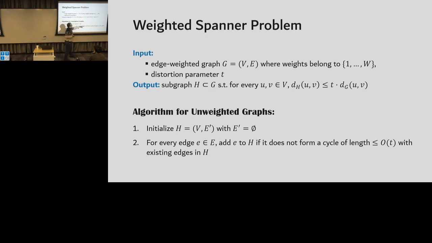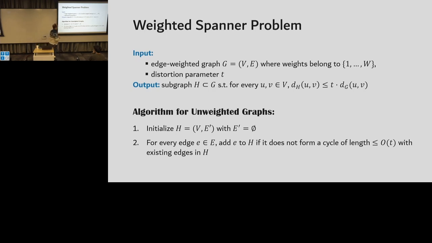I say order t because there's some constant in t that matters. If it doesn't, we just add it to H. Otherwise, we just ignore it. If it's going to make a short cycle, then it means that we don't need to store it. Otherwise, we'll keep it.